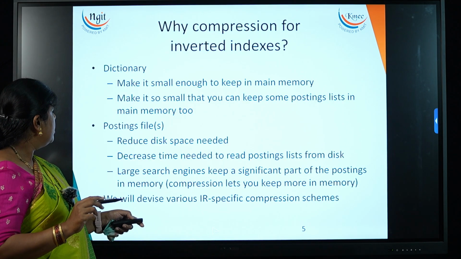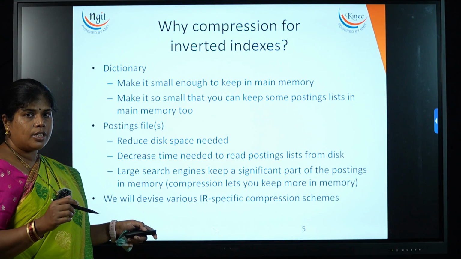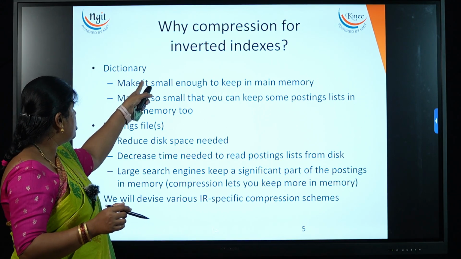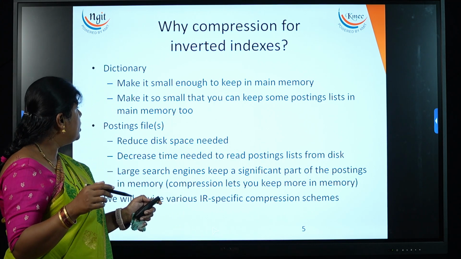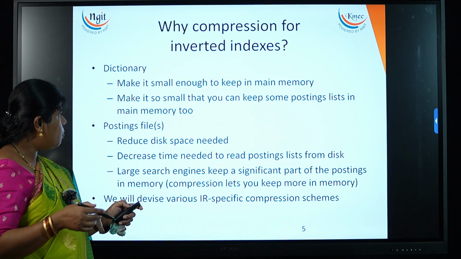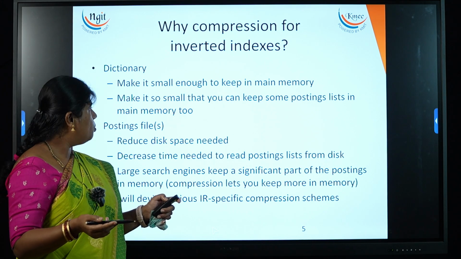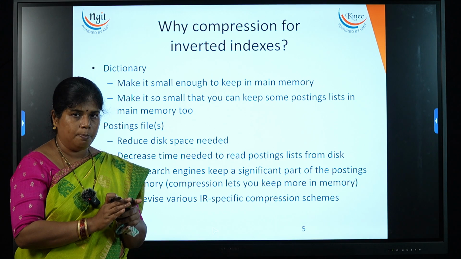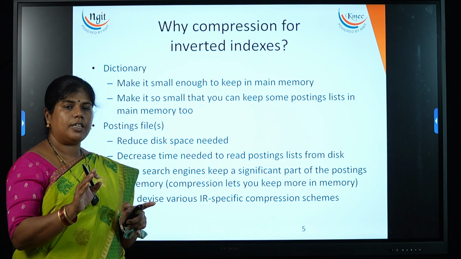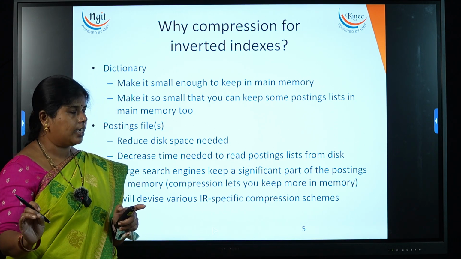Now, what are the types of compression that are available? As I told you, dictionary compression and posting compression. In dictionary compression, you want the dictionary to be small enough so that it will be stored in your main memory. I hope everyone understands what the main memory and the secondary memory are.